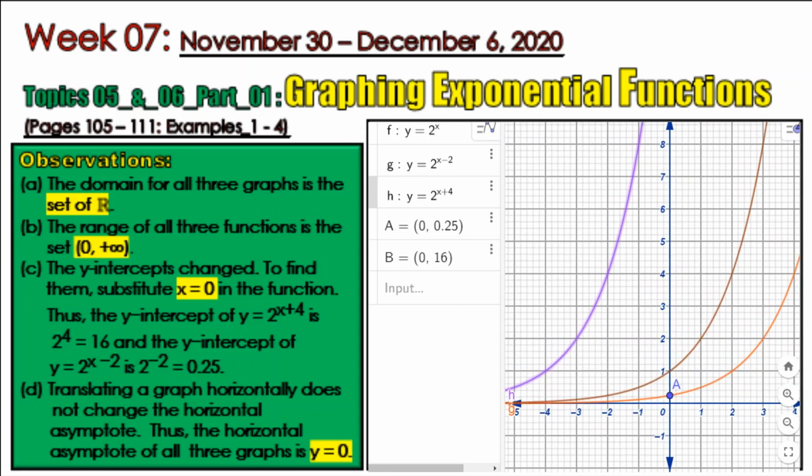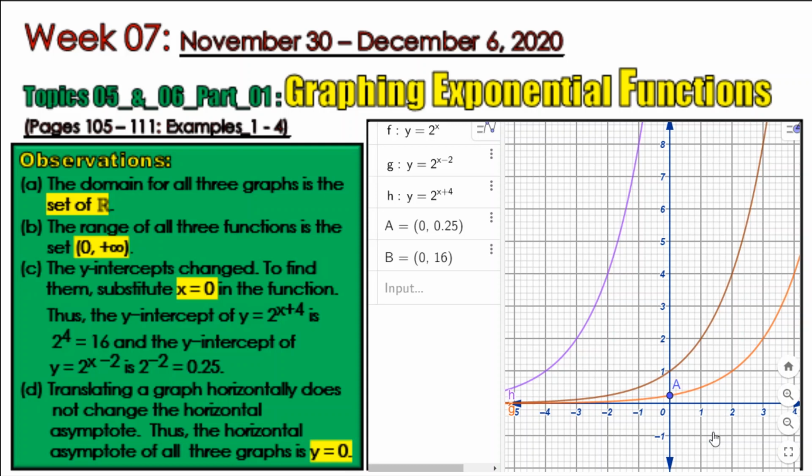Next, translating a graph horizontally does not change the horizontal asymptote. Thus, the horizontal asymptote of all the 3 graphs is y is equal to 0.